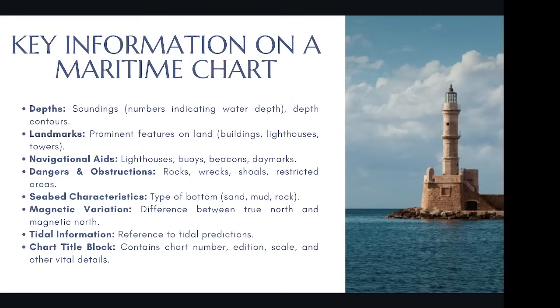The landmarks are the prominent features on the land, like buildings, the lighthouse, or the towers. And we also have what we call the navigational aids. So it's under the lighthouses, the buoys and beacons, and also the day marks.